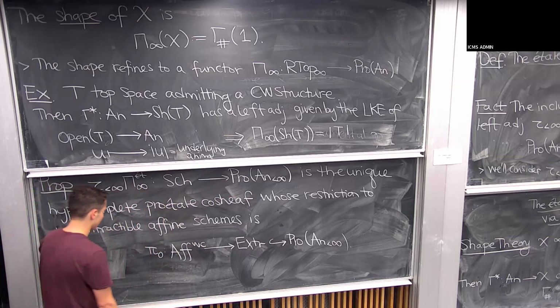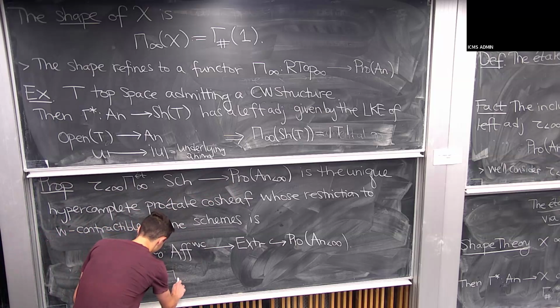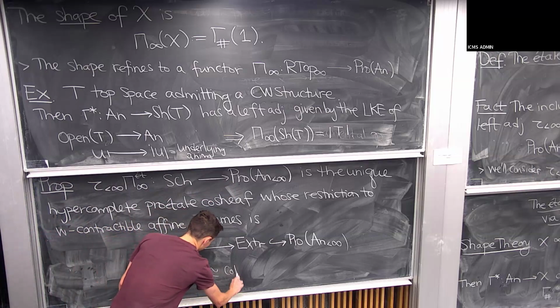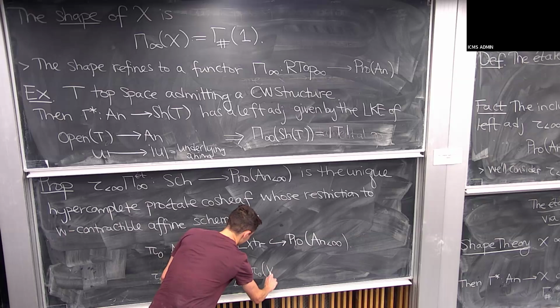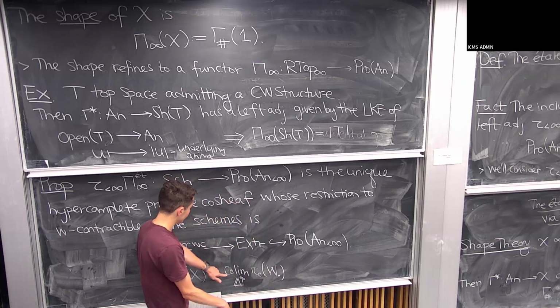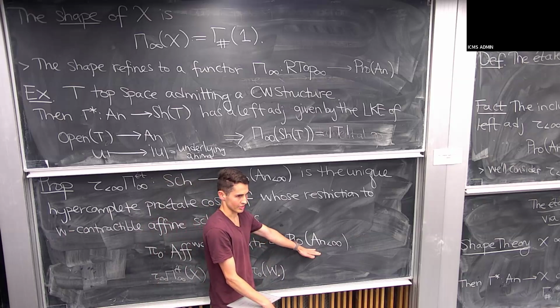So that says that, up to this protruncation business, this guy can be written as a colimit of some simplicial diagram of pi 0s of some hypercover by w-contractible affine schemes, but where you compute this colimit in this larger category.